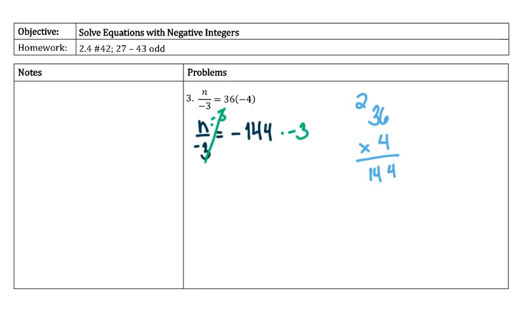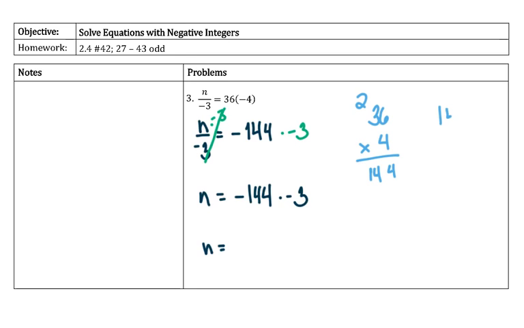On the left-hand side, we're left with n by itself equals negative 144 times negative 3. We now know that this is going to be a positive. Again, if you want to do some scratch work off to the side here, you can, and we're going to do it in an organized way.